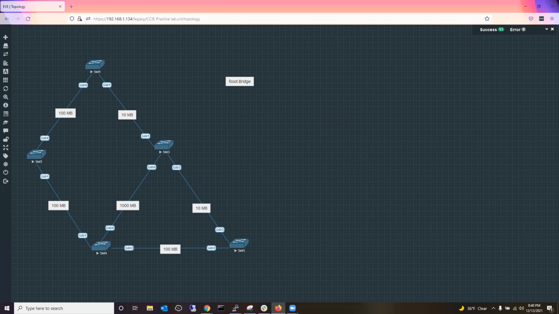Look at your resources that you have at your fingertips, Google, or if you got some textbooks around you. There is an order of operation that goes along with spanning tree when it comes to electing the root bridge. When you got all these values that equal the same, Dave was hinting on it.